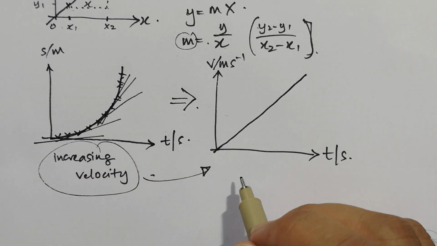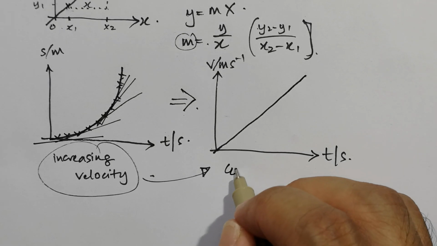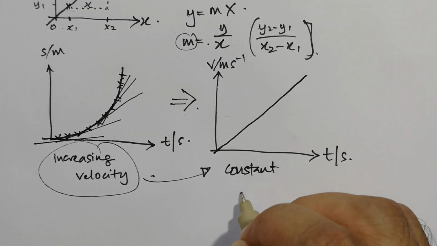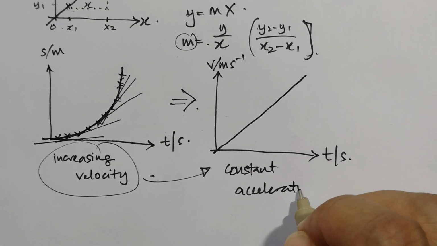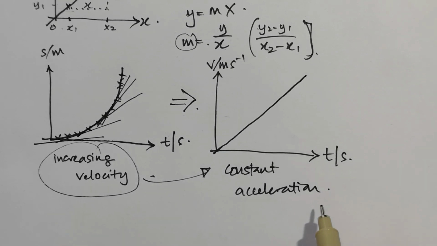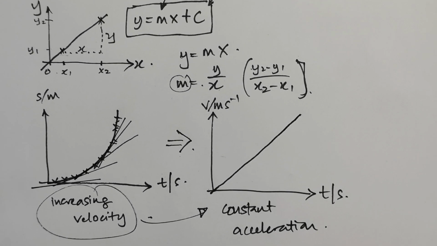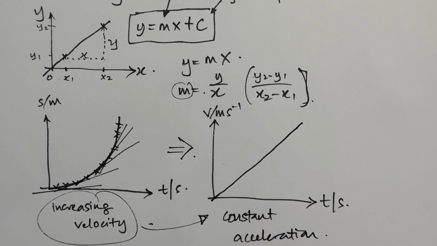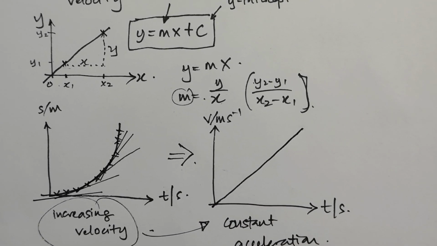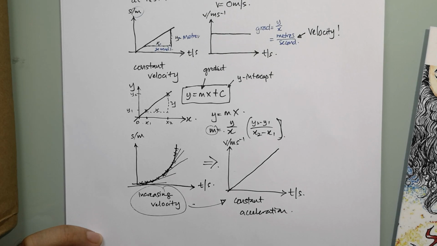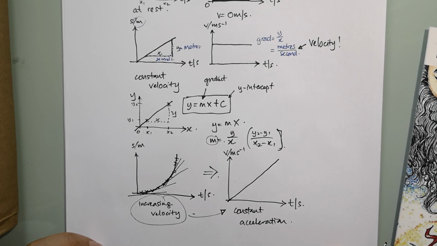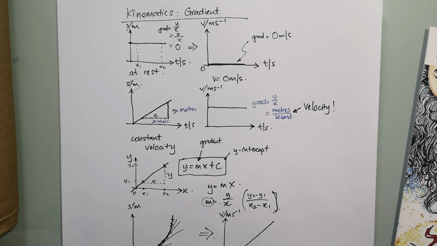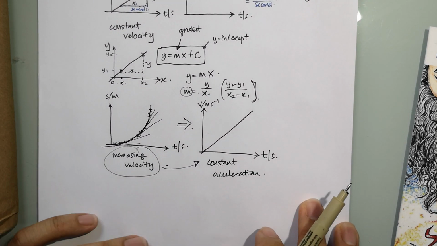In fact, I told you that this is known as a constant acceleration, increasing velocity. All right, so I hope you appreciate this approach of using the gradient analysis to understanding this.